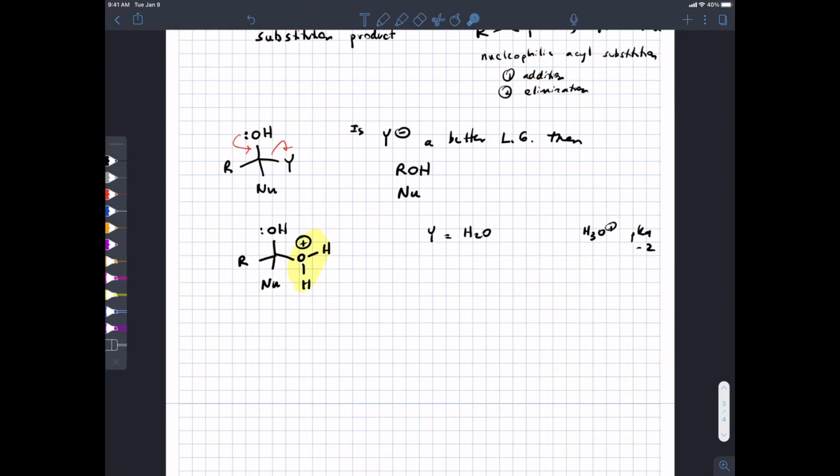The point of comparison is a neutral oxygen whose conjugate acid is ROH2 plus, pKa also -2. So yeah, comparable in leaving group goodness, and so lone pair electrons on the oxygen can kick down and that group can leave. Okay, we'll see examples of that.